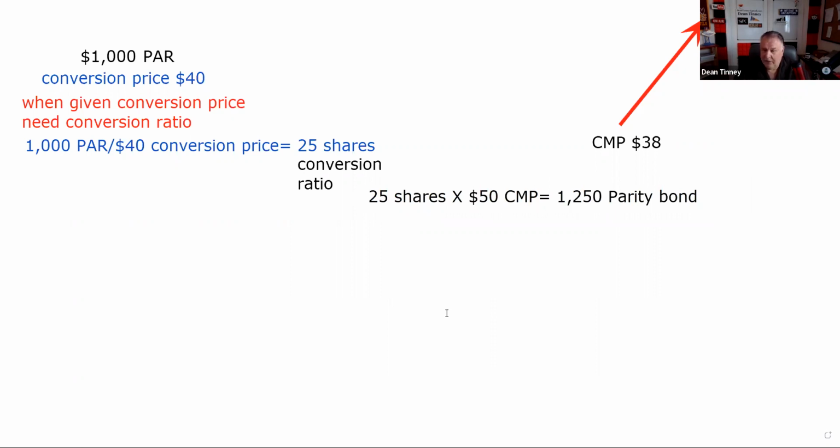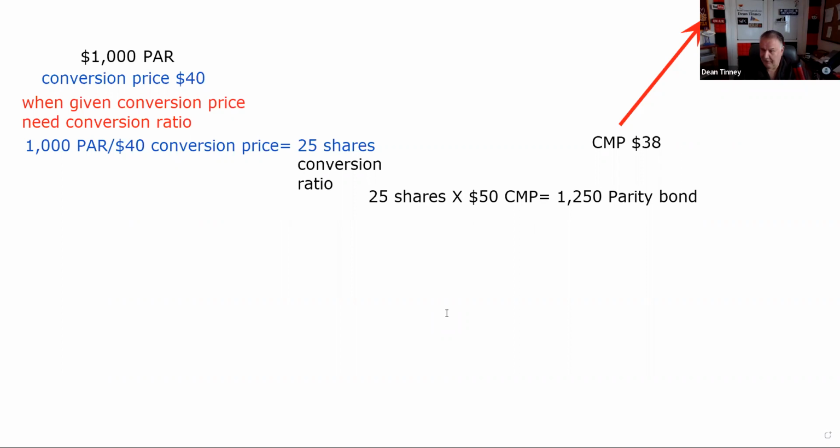Listen, Lauren, if it's trading below parity, give me a call because that would be an arbitrage opportunity. Test question, arbitrage is profiting from price discrepancies. And if the person who originally bought this bond at 1,000 isn't paying attention, and they're willing to sell it to me for like 1,100, I go, you must be new.